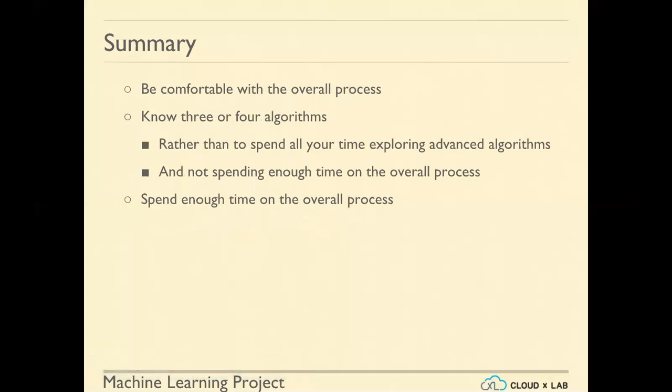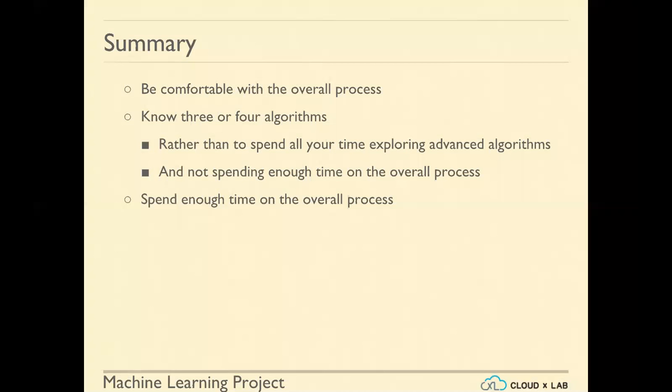So get yourself comfortable with the overall process. Know 3 or 4 algorithms rather than spending all your time exploring advanced algorithms and not spending enough time on the overall process. That is a very important point here. The difference between one algorithm and another would be hardly, say, 2 to 3% or 4%, right? So it'll be really small.